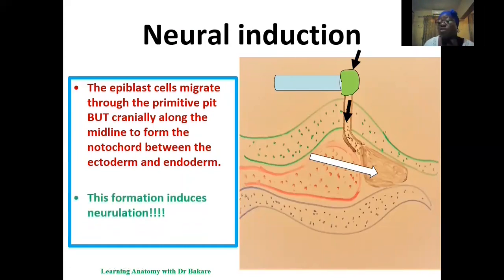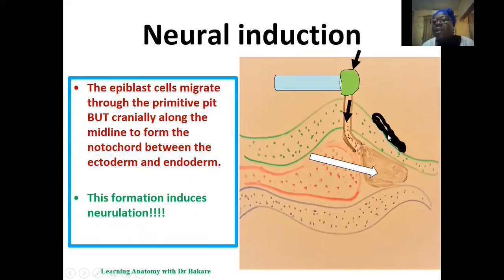So as soon as the notochord is formed, here is how it is an induction process for neurulation to occur, which is the formation of the nervous system: it will help to thicken the surface ectoderm. So as soon as this notochord is formed, it's going to initiate the thickening of the surface ectoderm that is overlying the notochord.